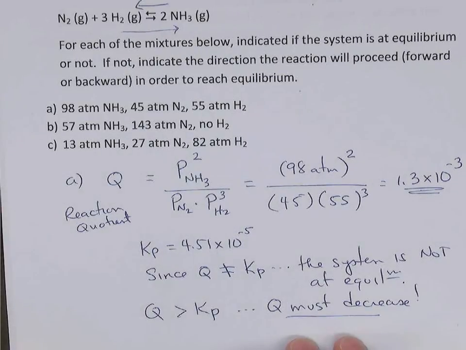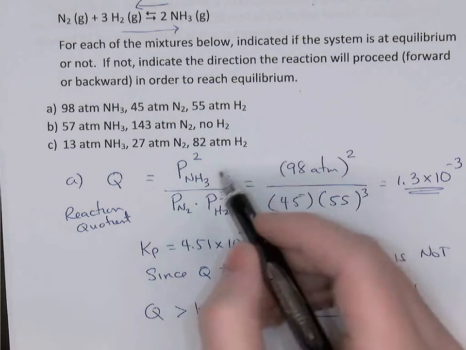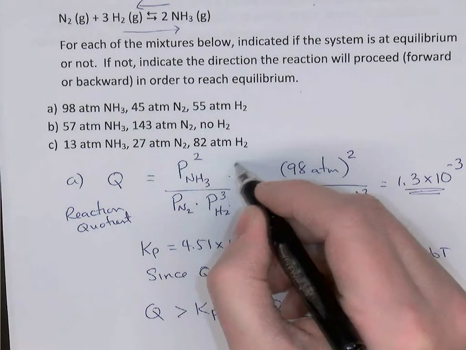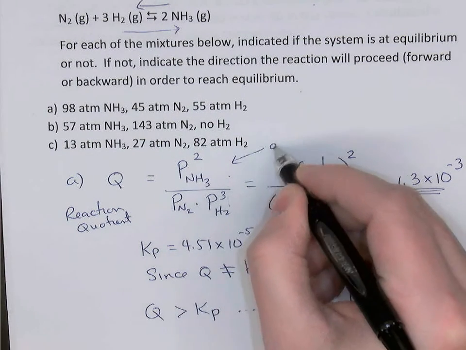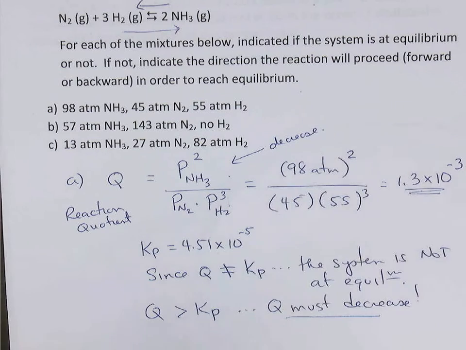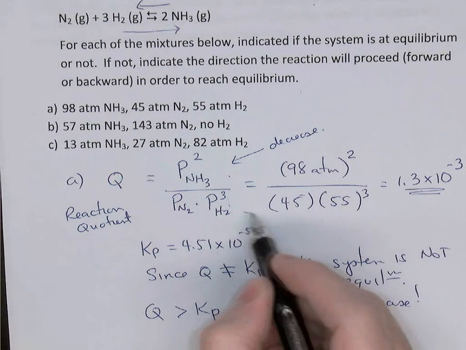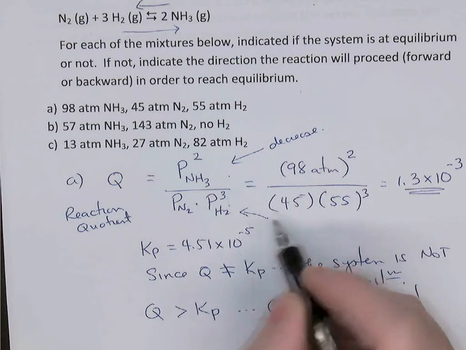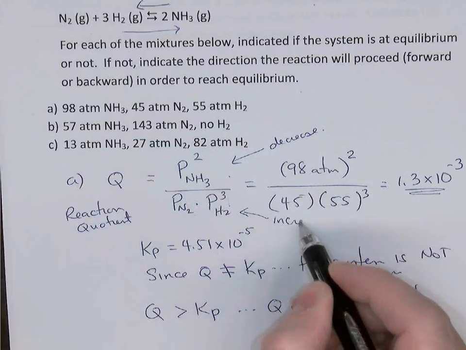Now, how can you make a fraction get smaller? We want this fraction to decrease. Well, a fraction gets smaller if its numerator decreases, if we decrease the numerator, or if the denominator increases.